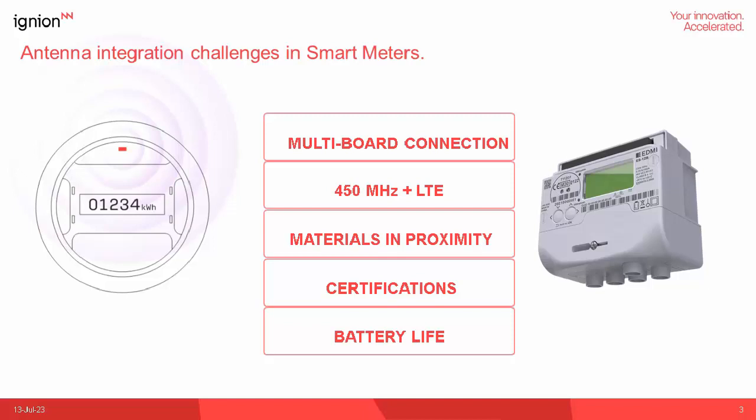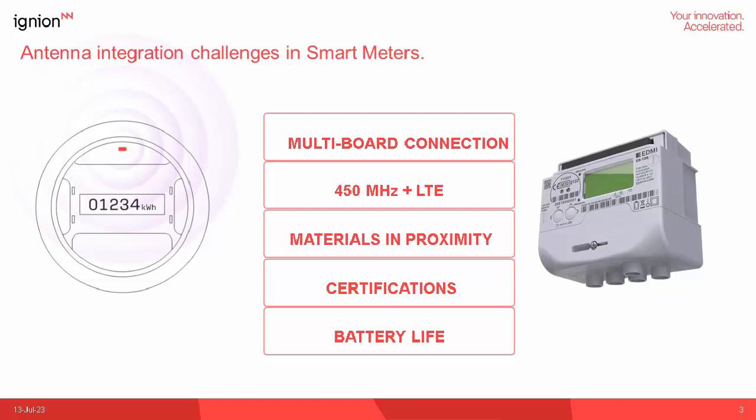We will see the challenges for combinations of wireless technologies, such as this LTE plus the new LTE 450, but we can see others such as short-range sub-giga frequencies, such as the ISM 868 band, or the 915, 2.4, 2.5 Wi-Fi, and many more.